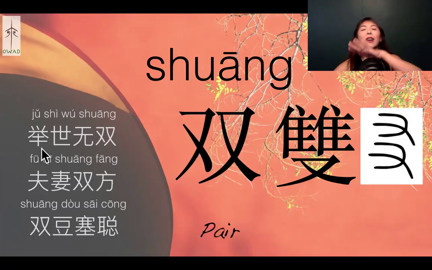You look for the whole world. There's nobody that can pair up with this person, say, to go to an Olympic game. Like 举世无双 means somebody is so good at something that you cannot find their match. It's peerless.